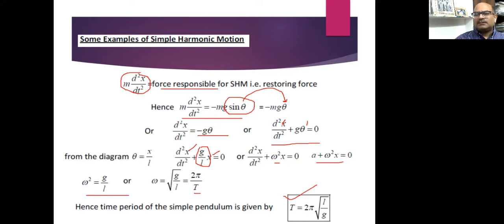But there is a condition that when the oscillations are taking place, the angular displacement theta must be very small. So this condition needs to be satisfied. In that case, when theta is very small, the time period is 2 pi under root L by g.